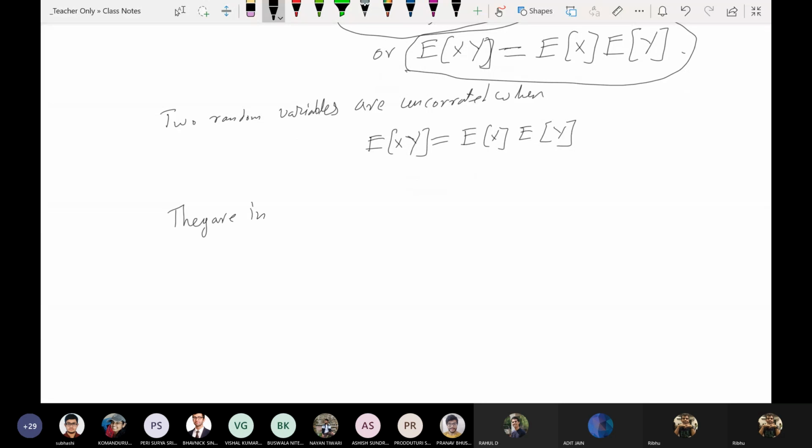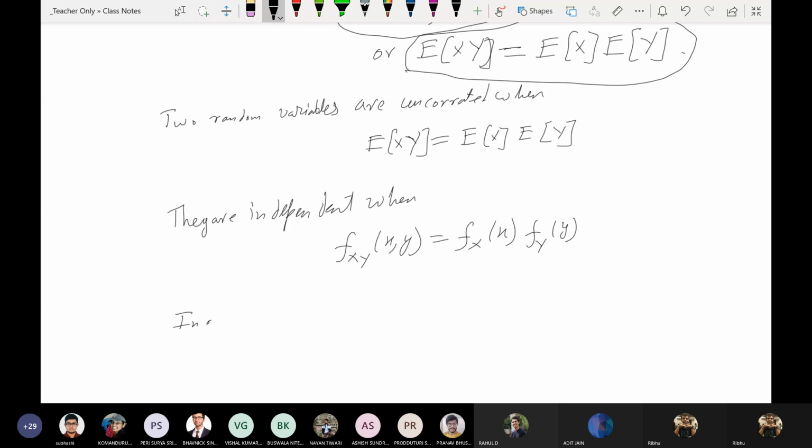Two random variables are independent when the joint PDF of xy equals fx of x times fy of y.